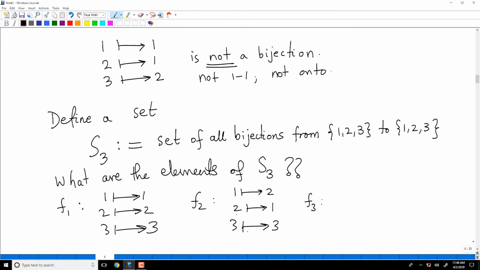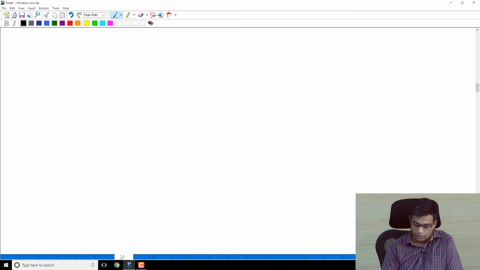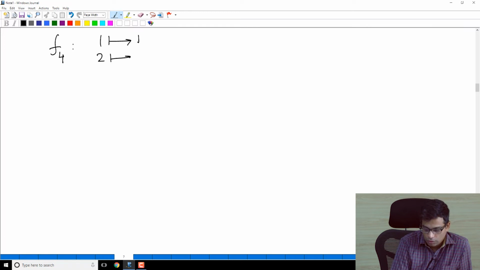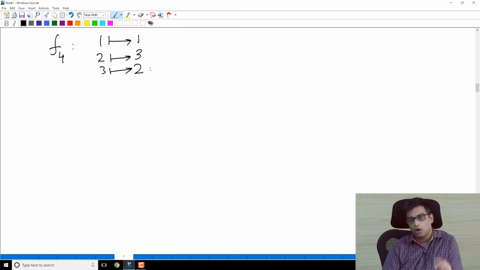Similarly, I can interchange 1 and 3: 1 goes to 3, 3 goes to 1, and 2 goes to 2. This I call F3. Now F4: let us say I interchange 2 and 3. I do not move 1, but 2 goes to 3 and 3 goes to 2. That is F4.